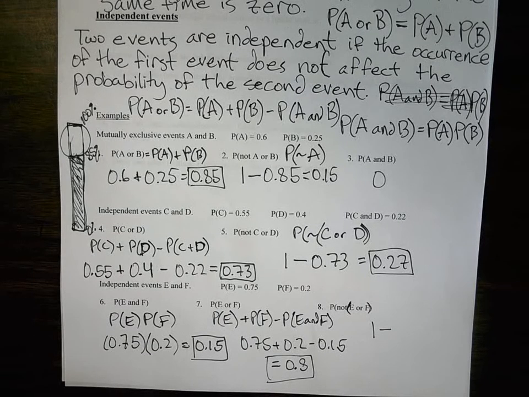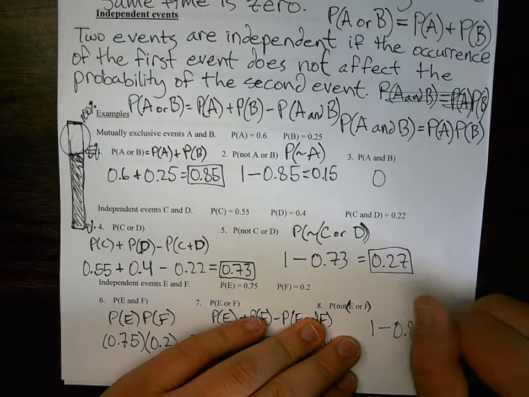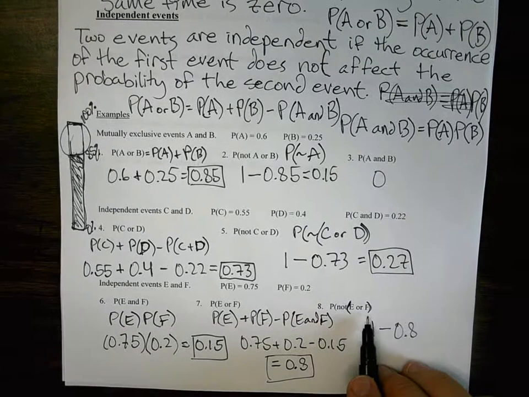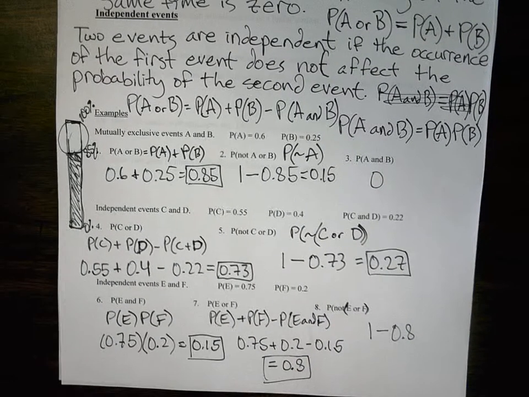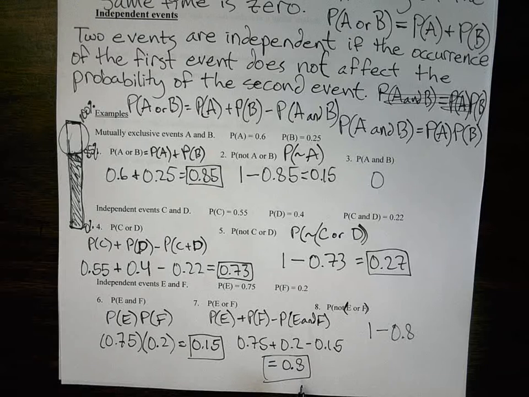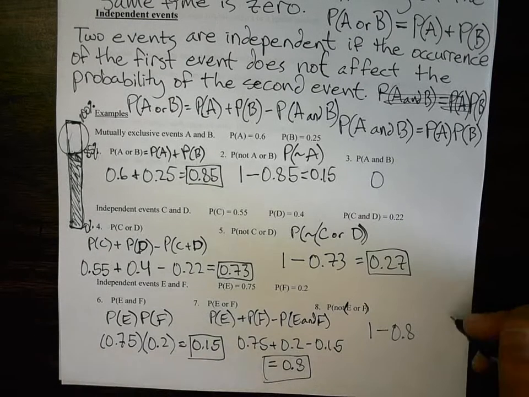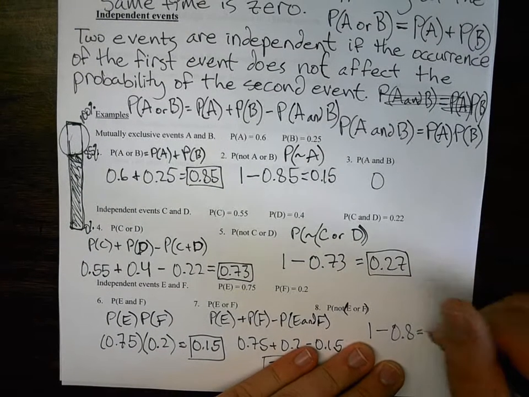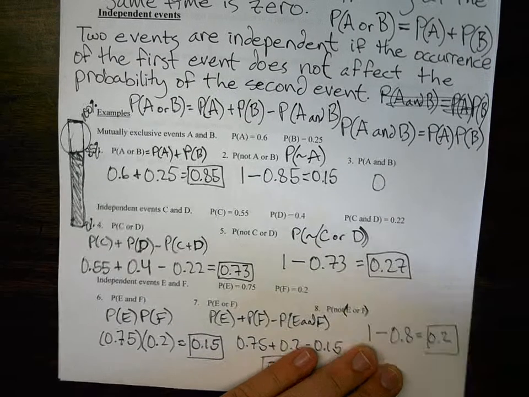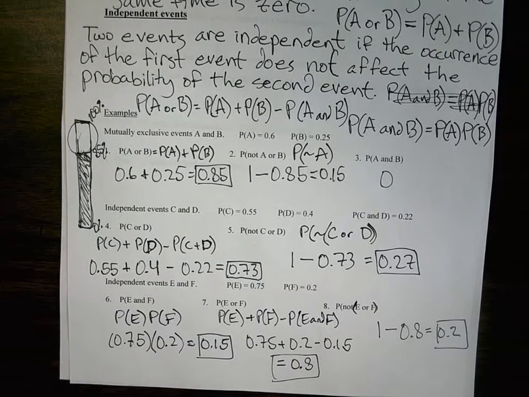What's that? 0.8, right? Because we figured out the probability of E or F. It's just 0.8. So we're going to subtract 0.8 from 1, and all that is 0.2. Okay, so remember, again, complement. 1 minus whatever it is that is not that. Anyway, not that. That's confusing.